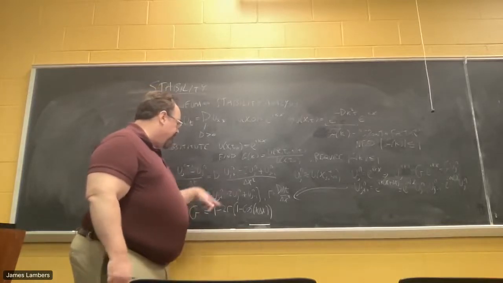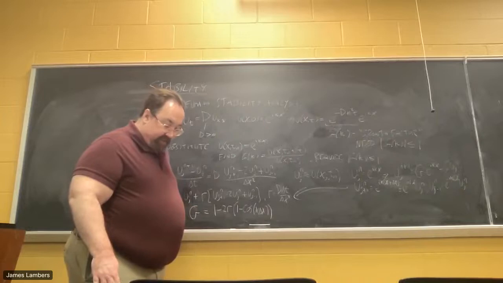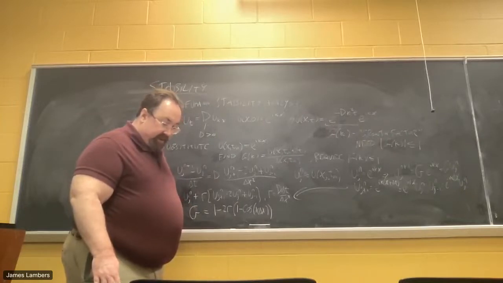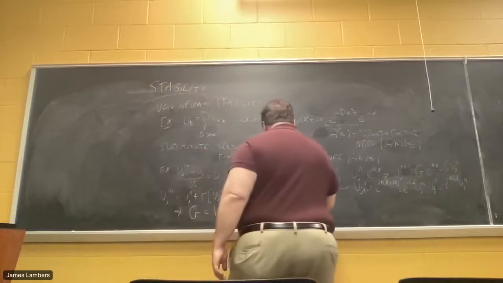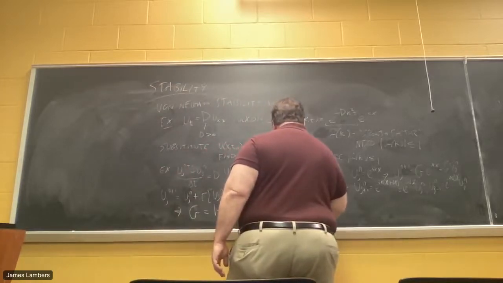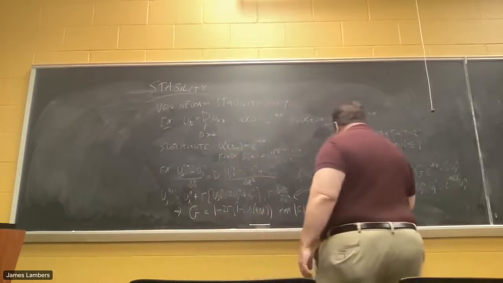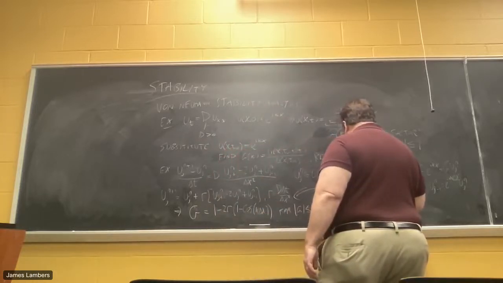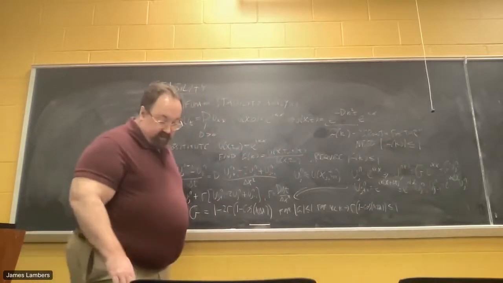So this whole thing has to be less than or equal to 1 in absolute value. We need G less than or equal to 1 for all k, regardless of the value of k. That means that R times (1 minus cosine k delta x) must be less than or equal to 1.